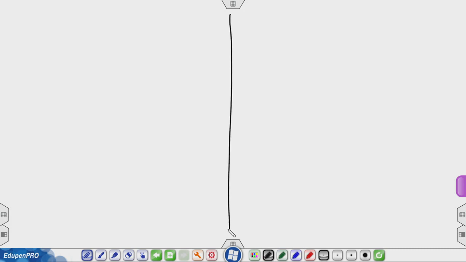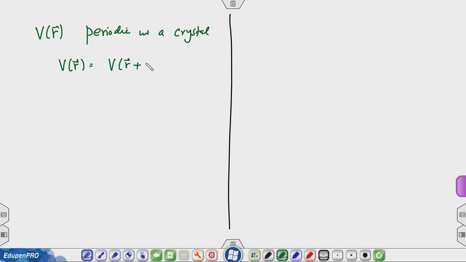So, what we are doing is taking V(r), which is periodic in a crystal. That means V(r) is equal to V(r plus R).